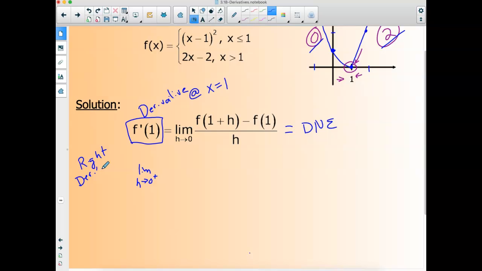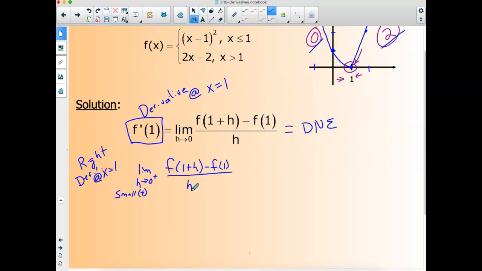And this is the right derivative at x equals 1, because if I'm approaching 0 from the right, remember, small but positive number, it's going to be on the right side of 1, meaning f of 1 plus h minus f of 1 all over h. Okay, well, this is a piecewise function.